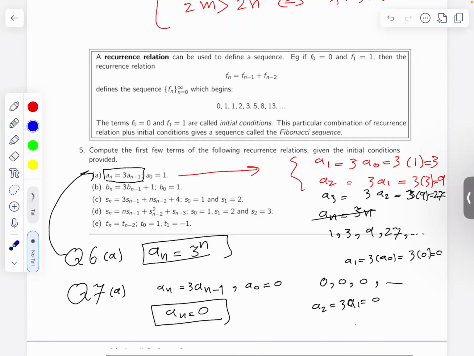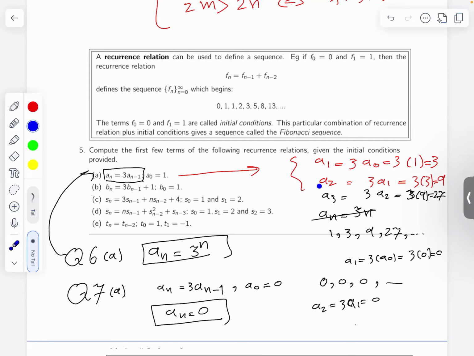Let's see. Question 5. F0 and F1 are called initial conditions. It's the same as a differential equation. So question 5a, you see here, A0 is 1. A1 is 3 times A0, equals 3 times 1, is 3.